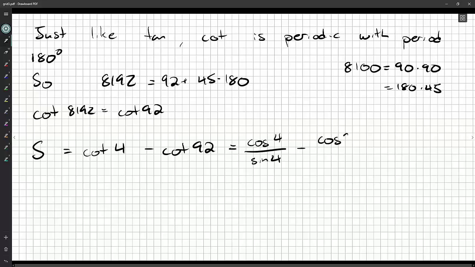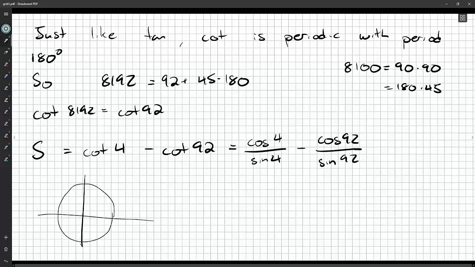So I'm going to change things around, and hopefully this will help out a little bit. Cos 92 and sine 92, I think those guys can be changed a little bit, right? Let's see, we imagine our unit circle. 92 degrees is just about up here. So that's 2 degrees just past the 90.